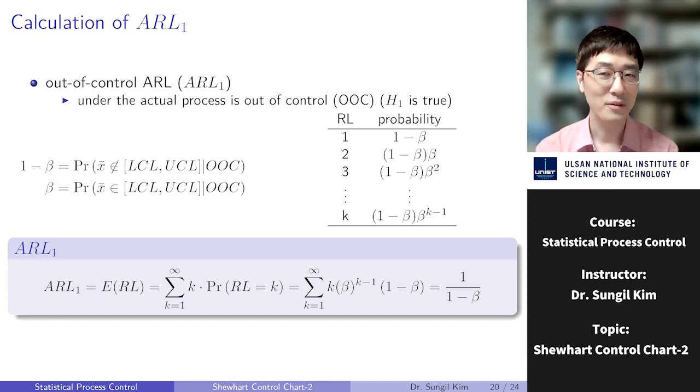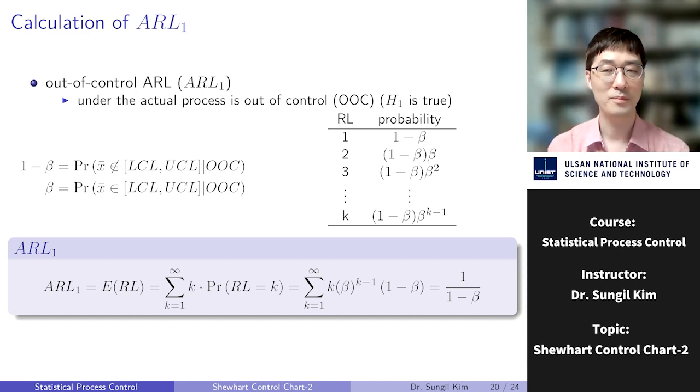In a similar way, we can calculate ARL1 using the value of beta. Since the probability X bar is within control limit under the out of control process is beta, we can compute RL equal to k, which is the first k minus 1 samples are inside the control limit and the kth sample gives a signal.